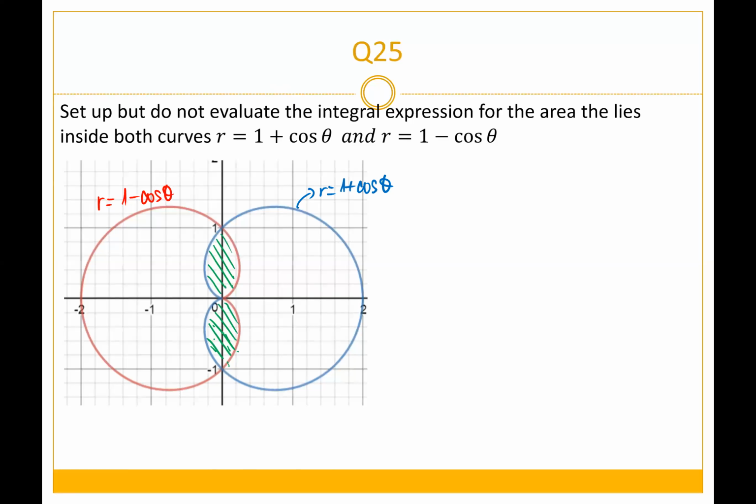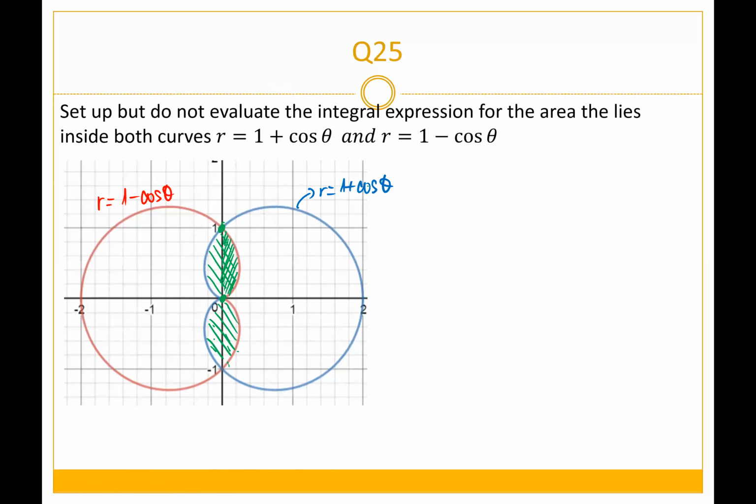For me, I usually enjoy using symmetry. So I'm just going to find the area of one single part and multiply it 4 times. By doing that, let's find the boundary between this point and this point. So let's see with r equal 1 plus cosine theta.